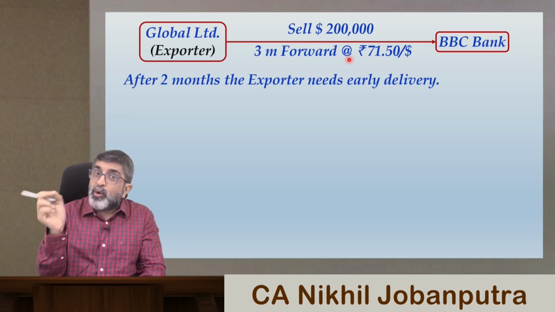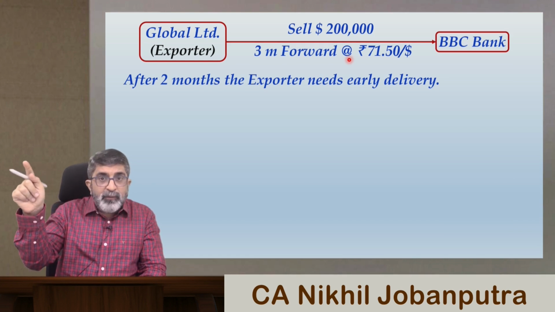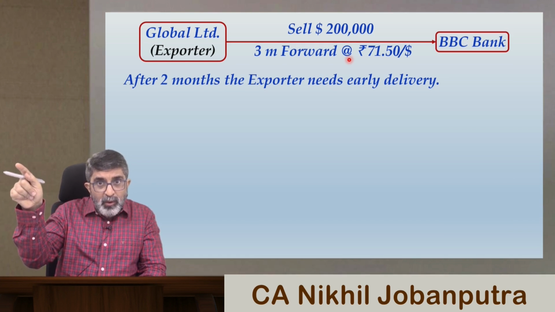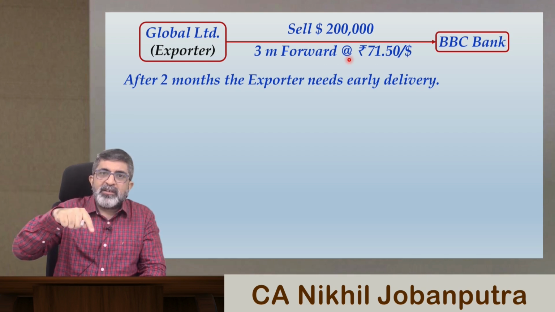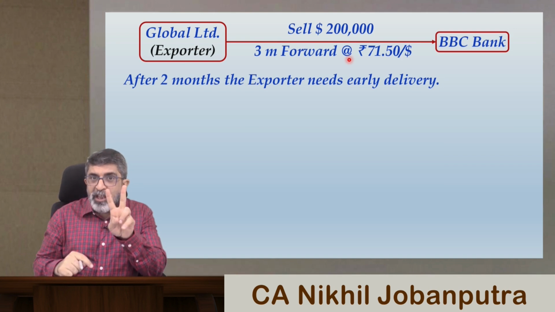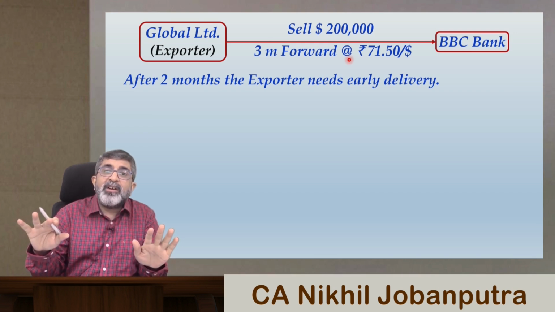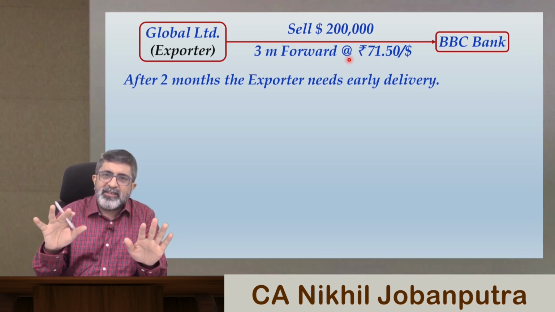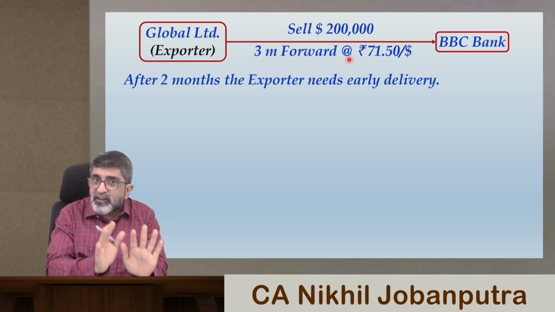There they have included this point as well, that if the overseas importer is willing to make early payment, the exporter can do two things. Number one, receive the early remittance and take the acceptance of contract delivery on an early basis. In other words, it is going for early delivery of the contract. That is one alternative.